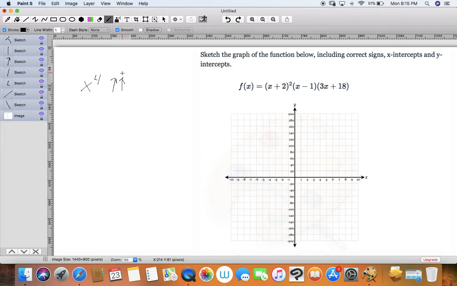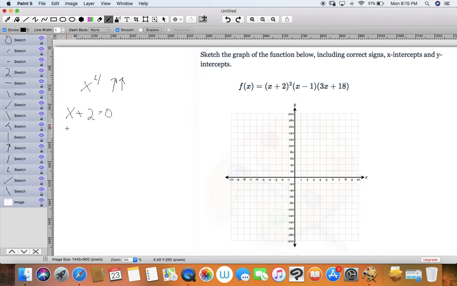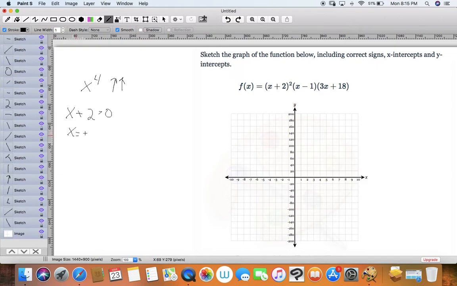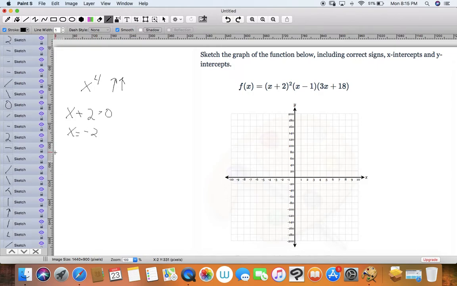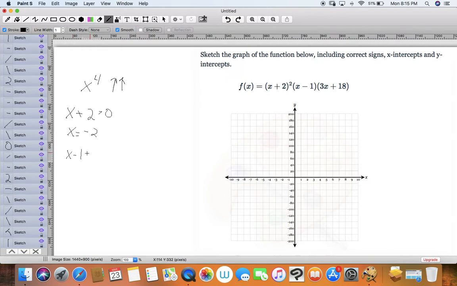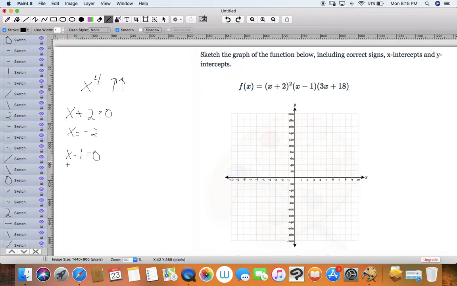After we know our zeros, we'll be able to draw the points, and the ends should both go up. All right, so to find the zeros, or where it crosses the x-axis, you set each set of parentheses equal to 0. So we'll have x plus 2 equals 0, and so that would mean x equals negative 2. We'll have x minus 1 equals 0, so that means that x equals positive 1.